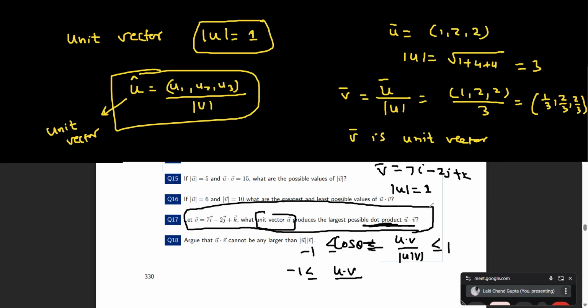So u dot v you don't know. Mod u is 1, and mod v you can find. It is 54, right?